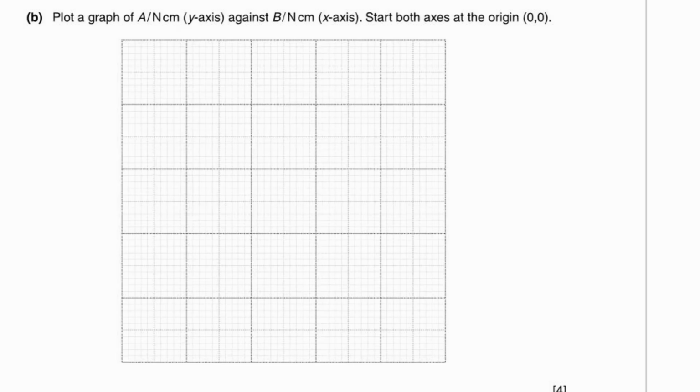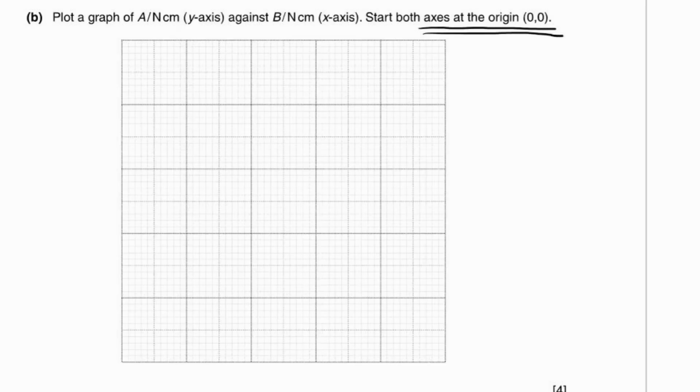That bit's done. Part B: plot a graph of A in Newton centimeters on the y-axis against B in Newton centimeters on the x-axis. Start both axes at the origin 0, 0. Key point here. That's actually very important. Why?